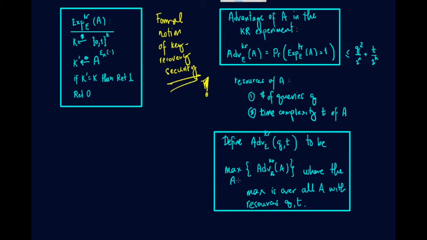This is the maximum advantage of any A that uses Q and T. So if I can upper bound this thing by this, then I'm saying no matter what adversary you give me, I don't care what the particular details are of the attack, if it uses Q queries and running time T, it can't do better than this at winning the game. So this resource parameterized advantage is a nice thing to have too.